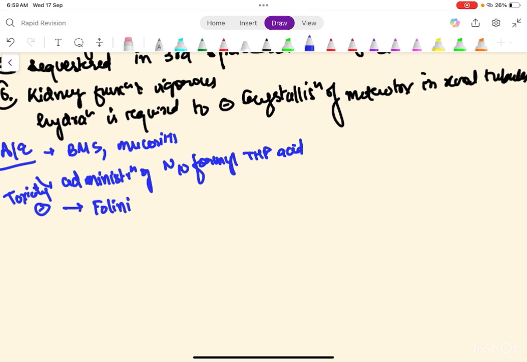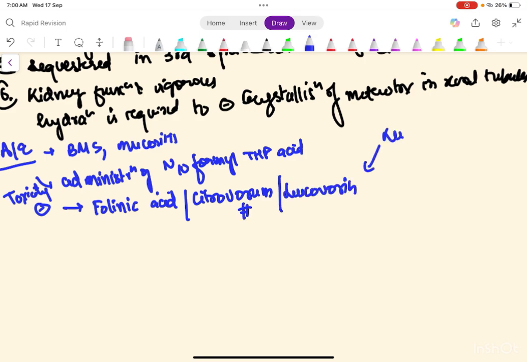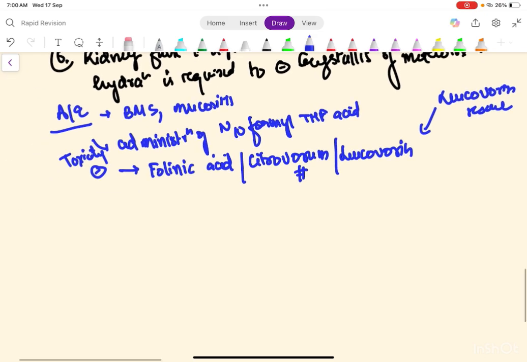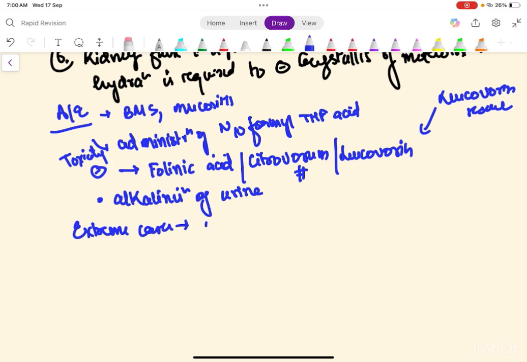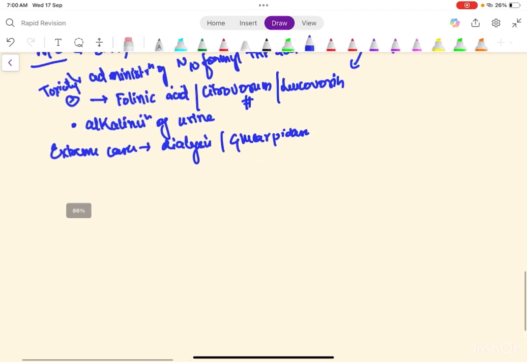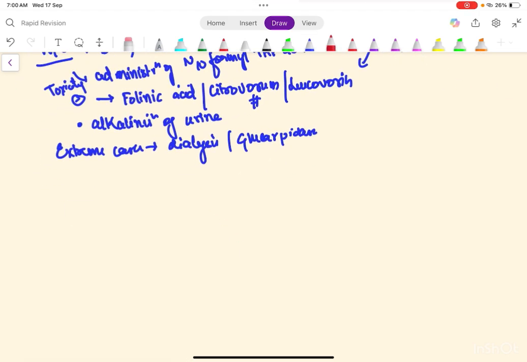We can give folinic acid, citrovorin factor, or leucovorin. This whole thing is called leucovorin rescue. You can also do alkalinization of urine. In extreme cases, you can do dialysis or glucarpidase.